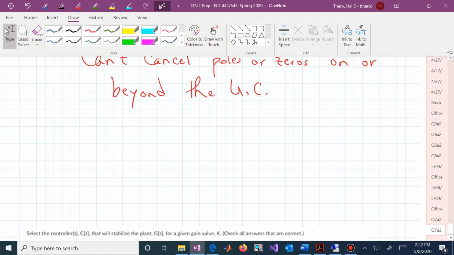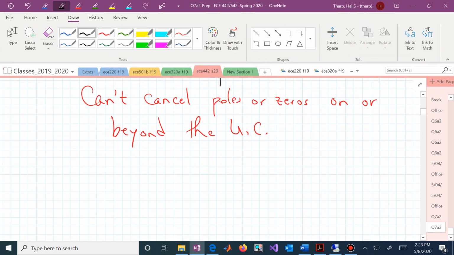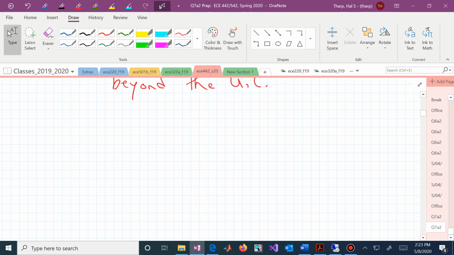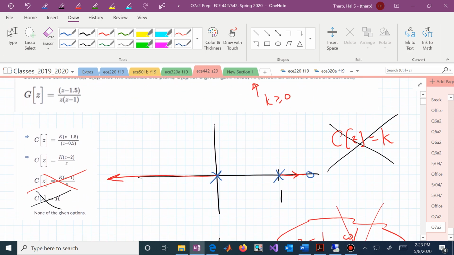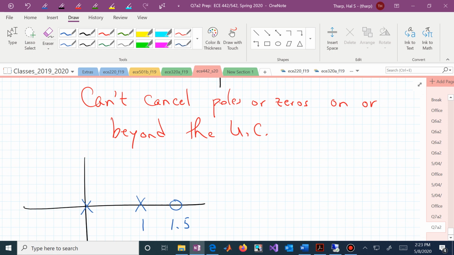Now, not to confuse you, let's continue with this particular problem and find why those first two choices are valid for stabilizing this system. Our system, again, had a pole at the origin, a pole at 1, and a zero at 1.5. The next choice was to place a zero outside the unit circle at 2 and a pole at 1.